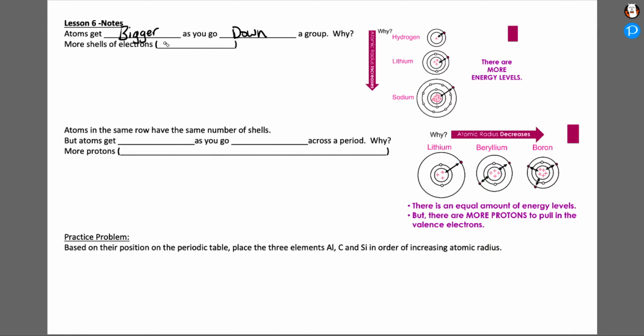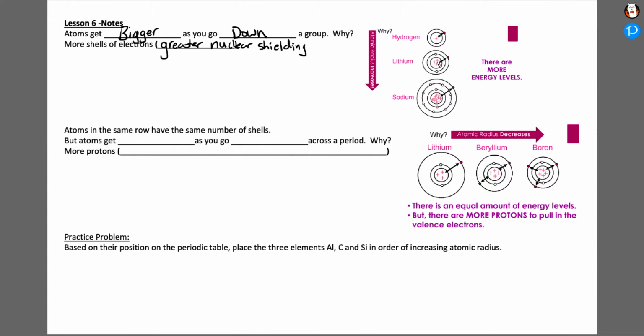The other thing that we want to think about is there is a greater nuclear shielding. Shielding is a term that's used quite a bit in the AP chemistry world here. So shielding, we can think about like this.